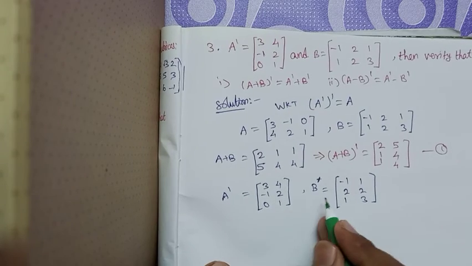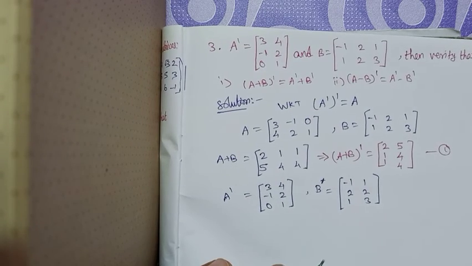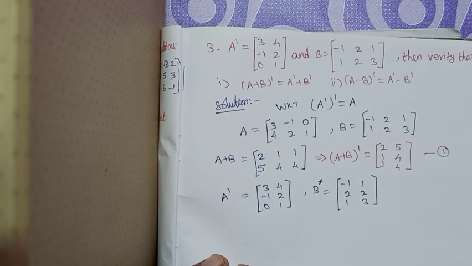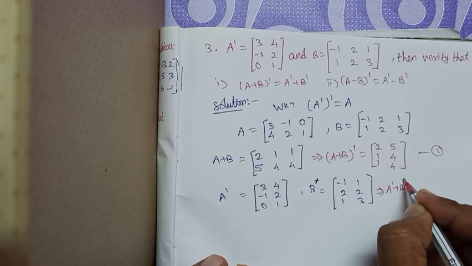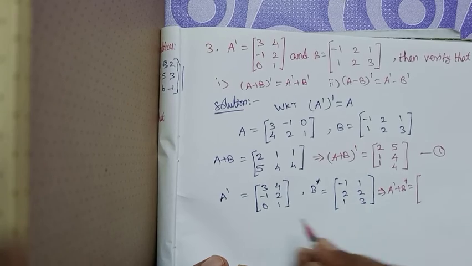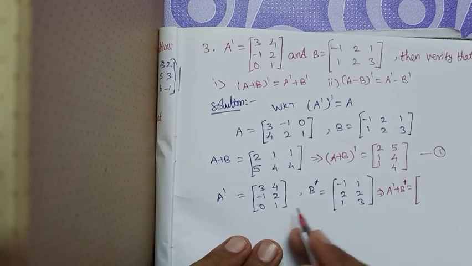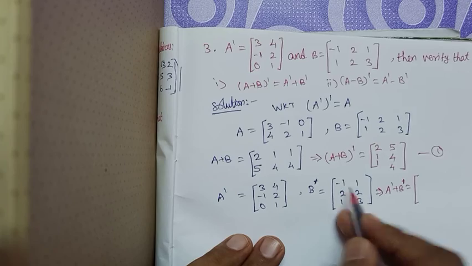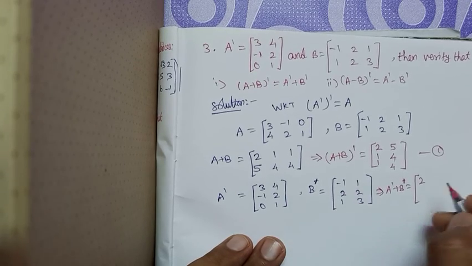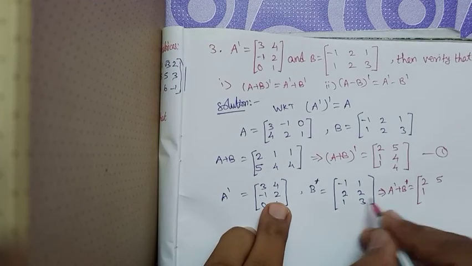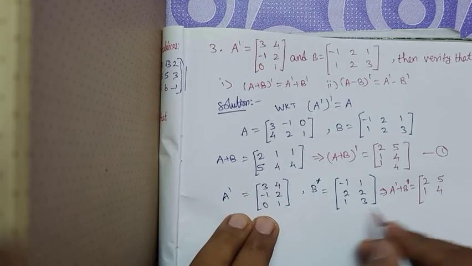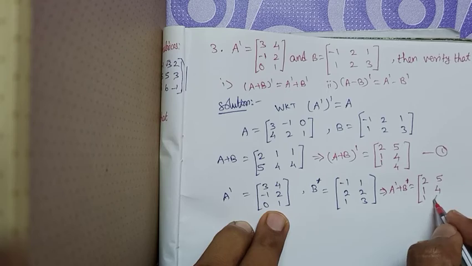Now adding A transpose plus B transpose, since both matrices have the same order, we directly add: 3 minus 1 we get 2, 4 plus 1 is 5, and minus 1 plus 2 is 1, 2 plus 2 is 4, 0 plus 1 is 1, 1 plus 3 is 4.